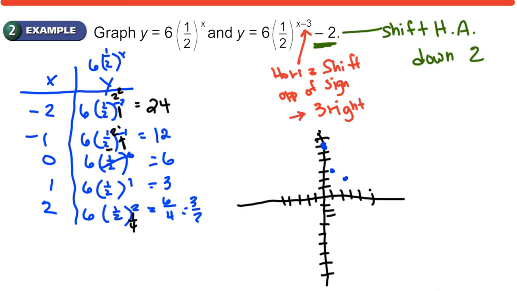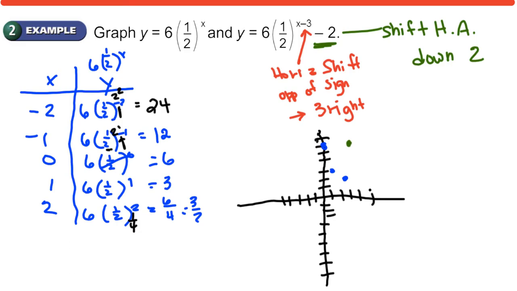All right, now rather than drawing my curve, I'm going to go ahead and do my translation of the graph. We're going to go 3 units to the right. So this is going to go from x is 0 to 1, 2, 3.